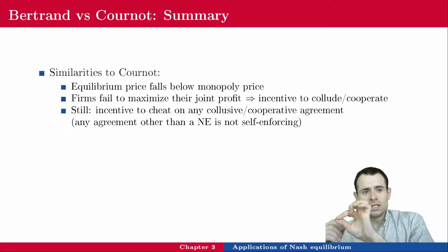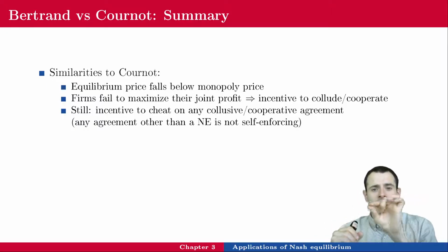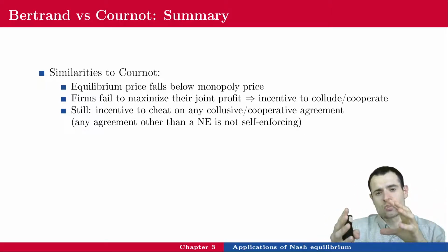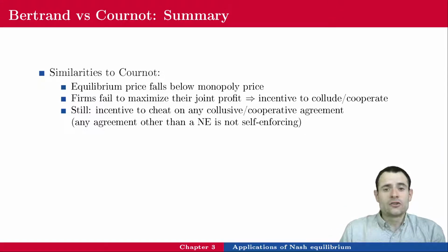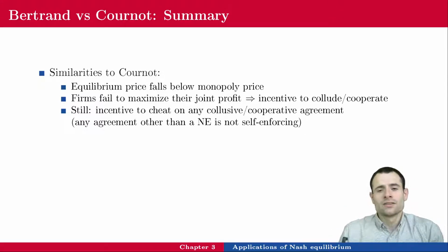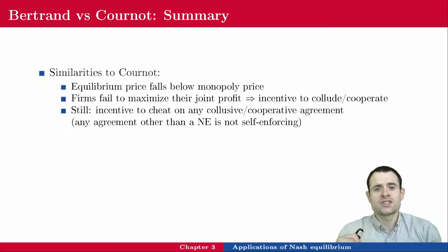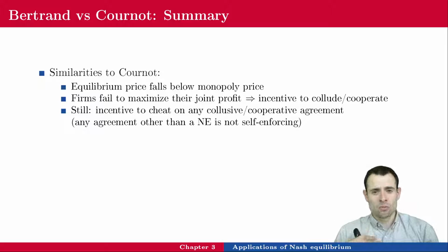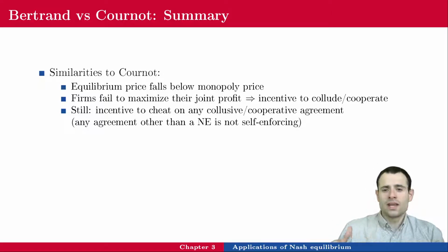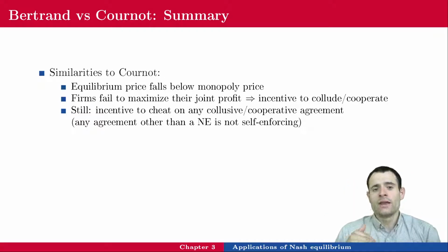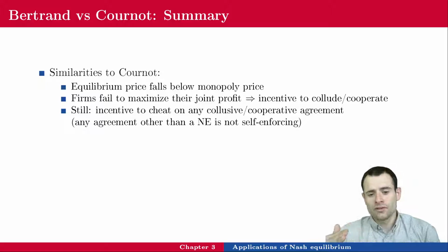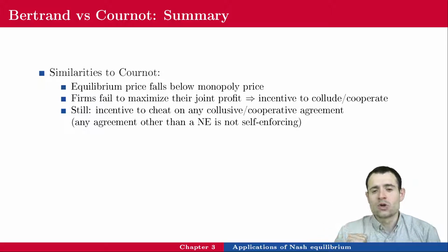Because each firm is affecting the profit of the other, when you maximize joint profits, you are internalizing the effect that your strategy has on your competitor. But if it's only about your personal profit, you only maximize your profit, you do not care about the impact you have on your competitor, and then your best response will be different from what was agreed upon.